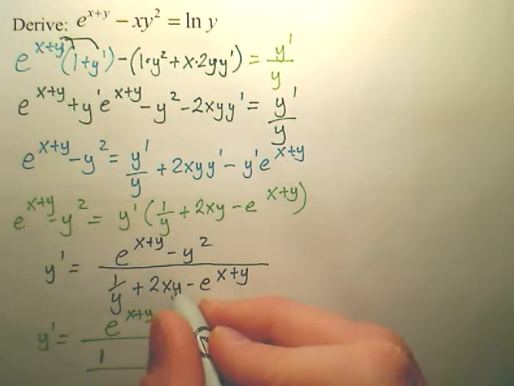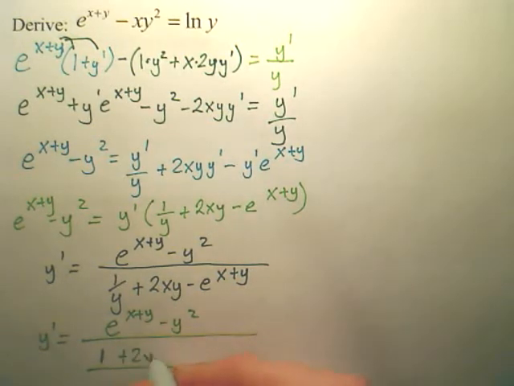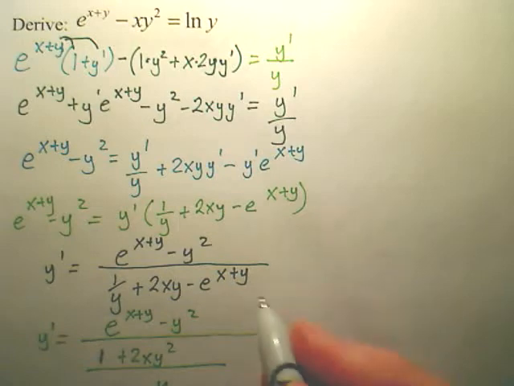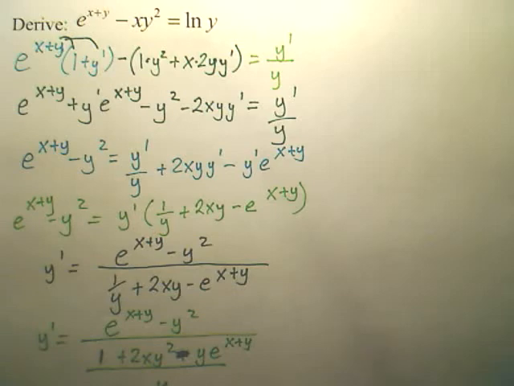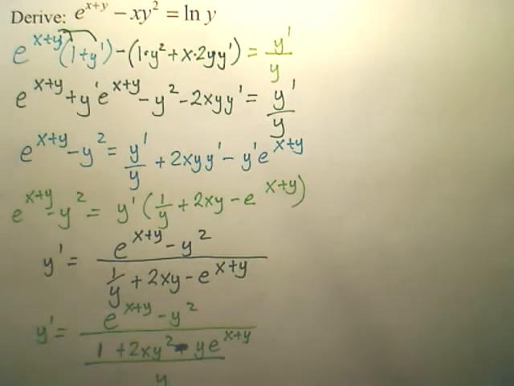So when I multiply this by y, doesn't that become 2xy squared? Multiply this by y, that's going to be a minus y e to the x plus y, which I'm running out of space here. It's the y down there. Just realize that.